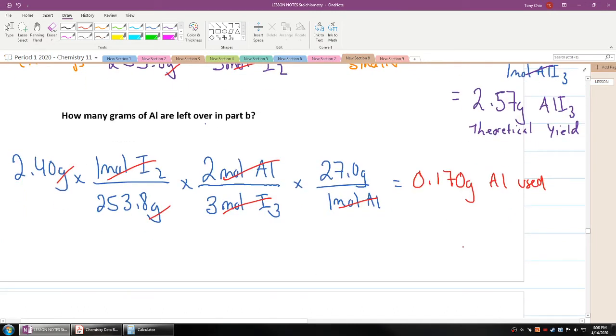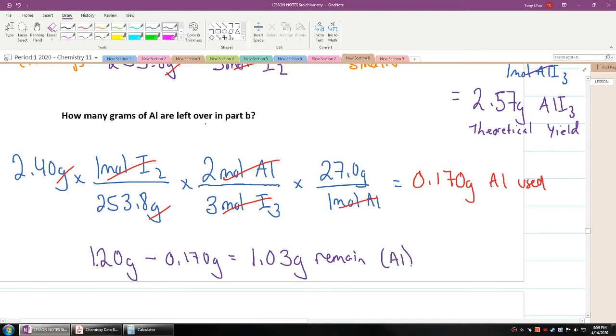Well, how much aluminum did we start with? We started with 1.20 grams. If we want to find how much is left over, we subtract how much was used up, and we will find that we have 1.03 grams remain. That's how much aluminum will remain.